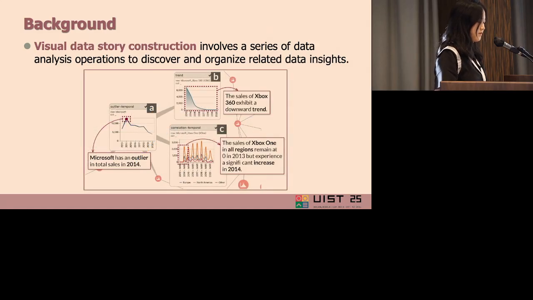Here is a brief example. As shown in Insight A, Microsoft has an outlier in total sales in 2014. The user wants to uncover the reason behind this sales outlier.